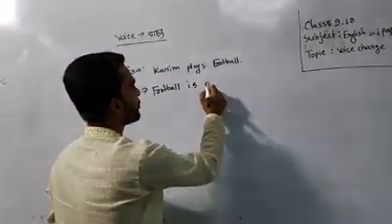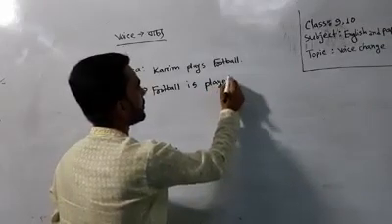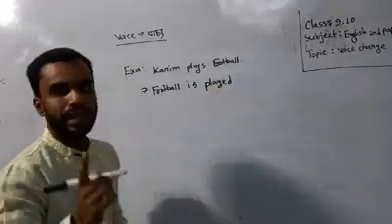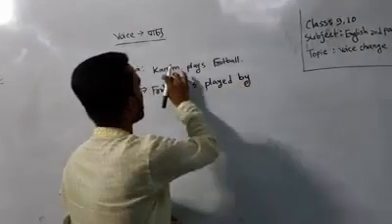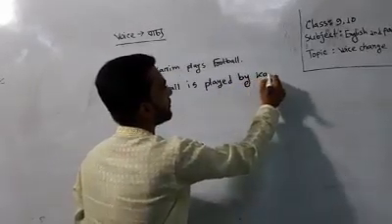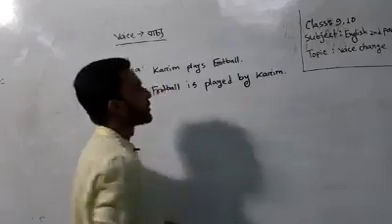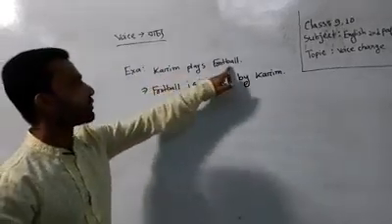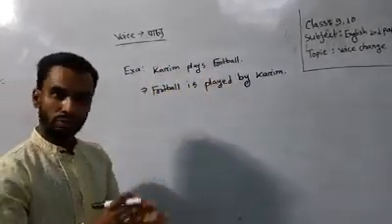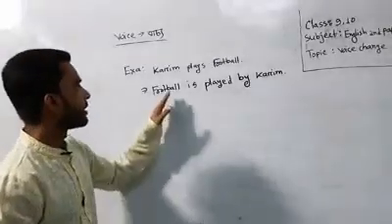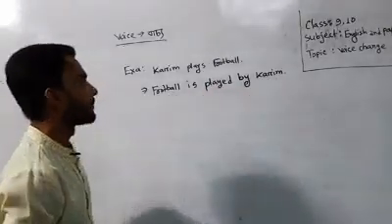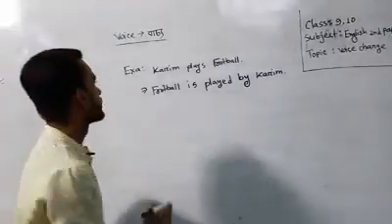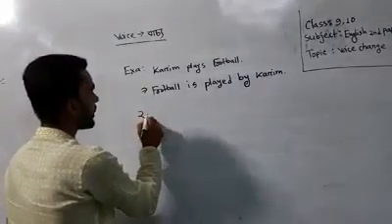So you have to add played. Then you have to add by preposition. Then Karim. So Karim plays football. The changing voice of this sentence is football is played by Karim. Understand, dear students? Okay, I will go for another example.